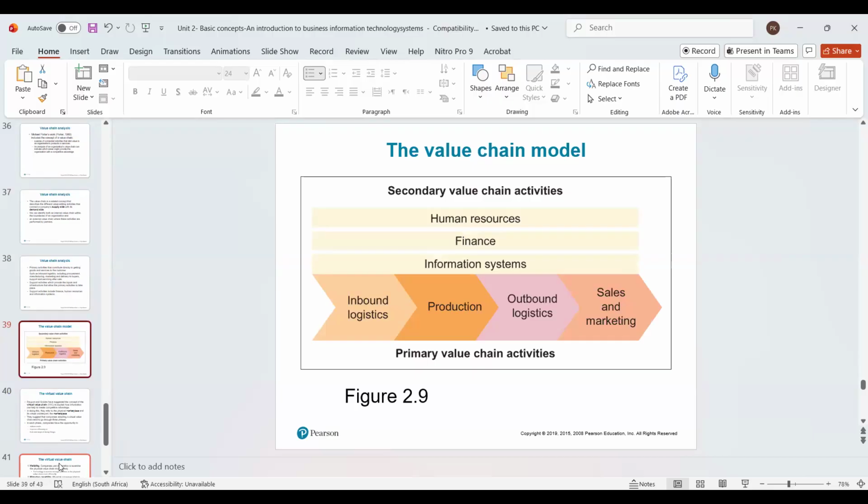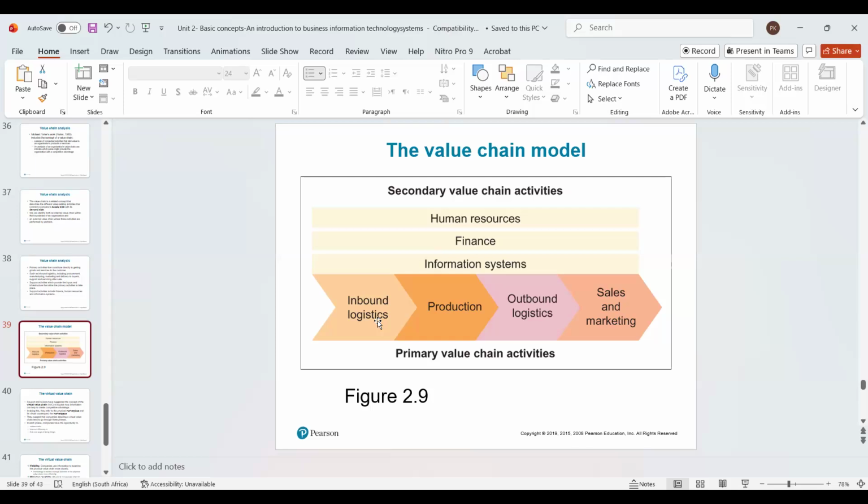value chain environment where we have the inbound logistics, where we do the procurement of the raw materials, bring them into the organization, house them in a warehouse, then we move them from that inbound to the production unit where we produce these raw materials to become products.